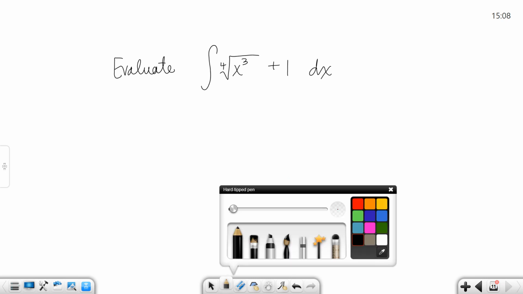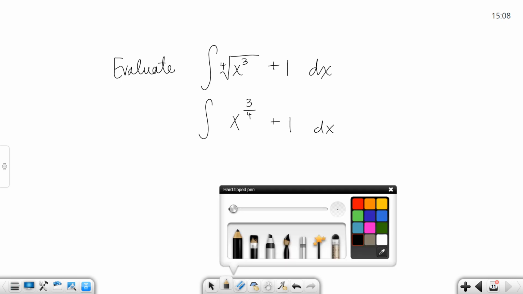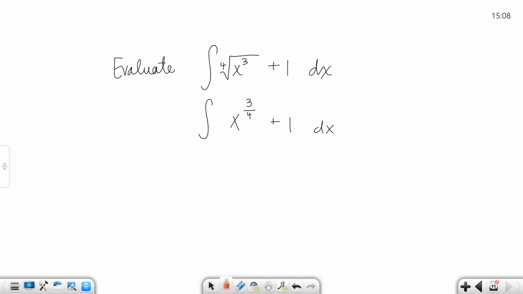Okay, here's our last one. I can't work it the way that it looks, so I have to rewrite it. Remember that 4 is in the denominator, and that's how it would look. Okay, so your rule says I'm going to increase this by 1. 3/4 plus 1 over 3/4 plus 1.